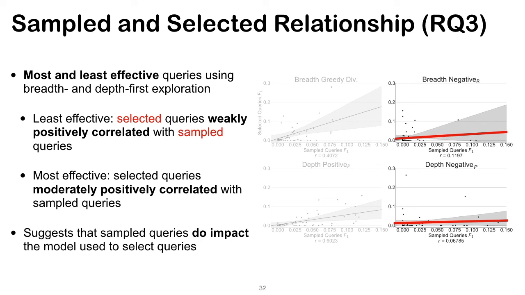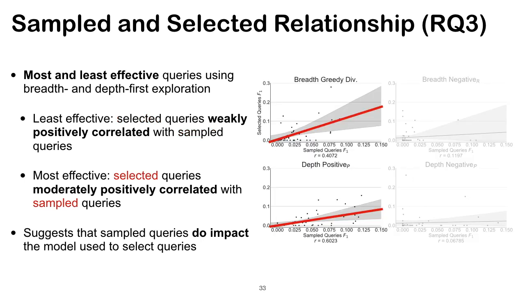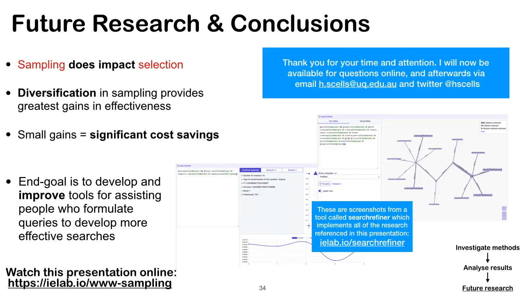The least effective selected queries, those on the right, are weakly positively correlated with sampled queries, while the most effective selected queries, those on the left, are moderately positively correlated with sampled queries. This suggests that sampled queries do indeed impact the model used to select queries.